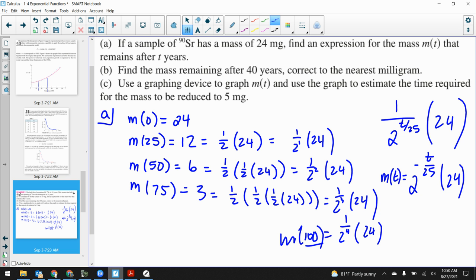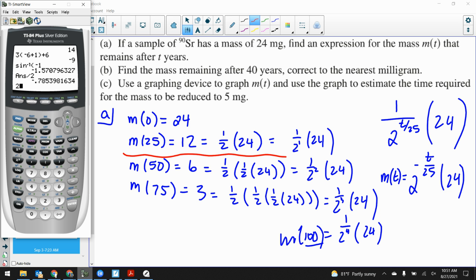Now, find the mass remaining after 40 years. Well, quite simply, if I want 40, we know it's somewhere between 12 and 6, but we're not exactly sure what it is. Well, if I've created an equation for it, I can just plug it in. 2 to the negative, and my time value is 40 divided by 25, times my initial amount, 24.